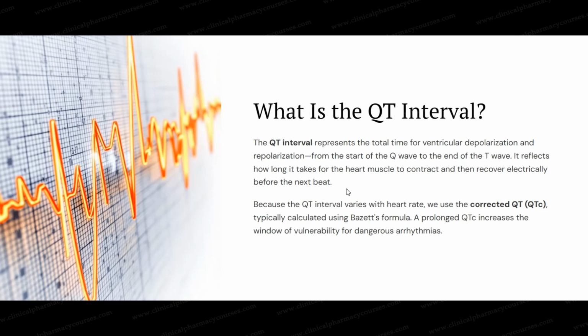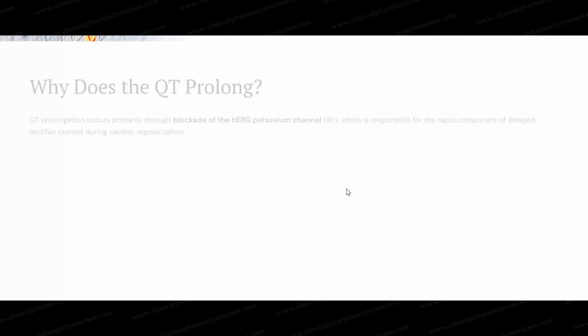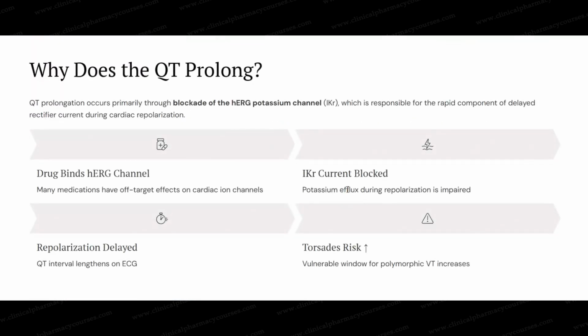A prolonged QTc increases the window of vulnerability of the patient and can lead to serious heart rhythm abnormalities. So why does the QT prolong? Let's talk about QT prolongation first.